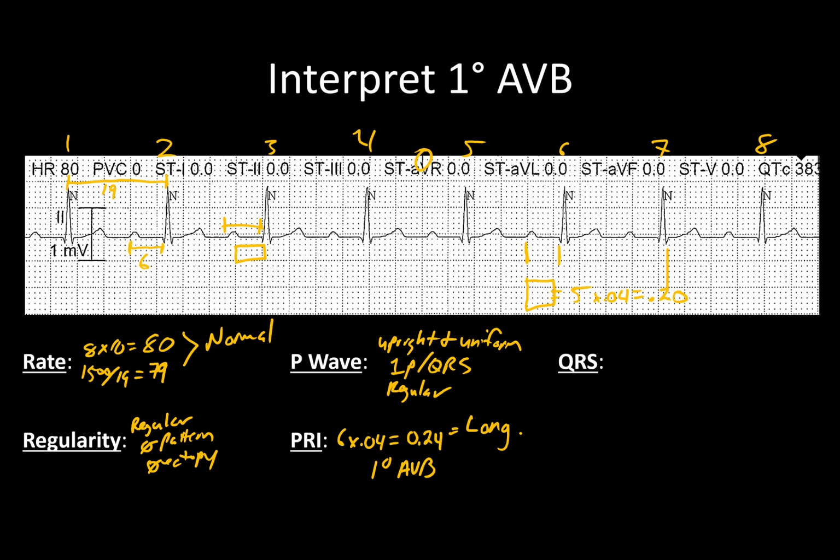Now, to continue on, to remain thorough, we'll look at our QRSs, and those are uniform. We have a QRS pattern, and if we measure these out, it looks like 2.5.